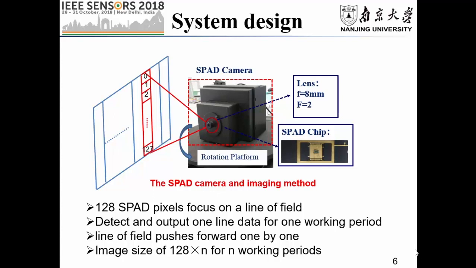Then the SPAD is rotated by the platform, and the line of field pushes forward one by one, and then outputs the image whose size is 128 multiply n for n working periods.